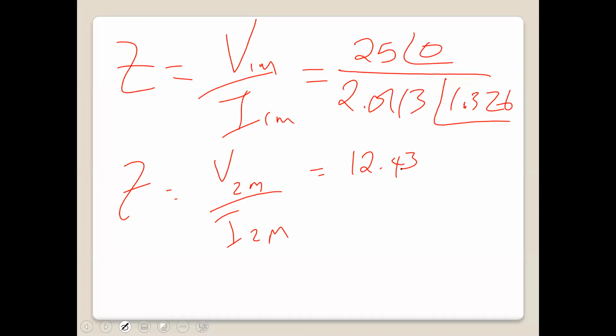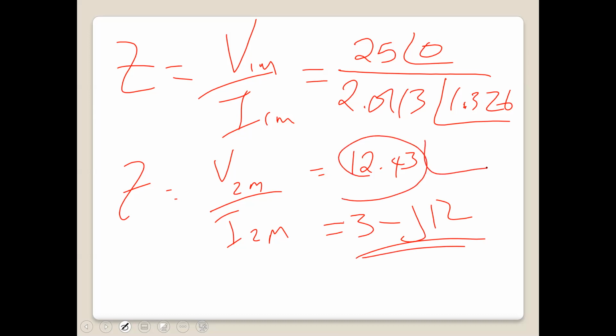That gives us 3 minus j12.43. I rounded it up because I used three decimal places and the number behind that was 7, so I rounded to two decimals. All right, 12.43 would be fine. And the angle, of course, would be minus 1.326. This is what you'll get.